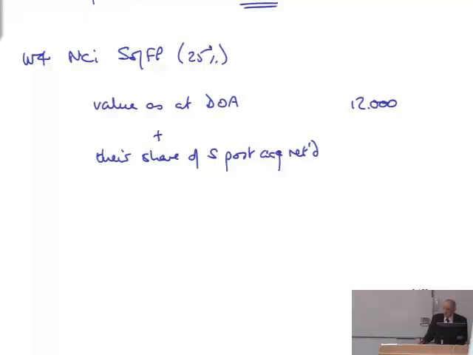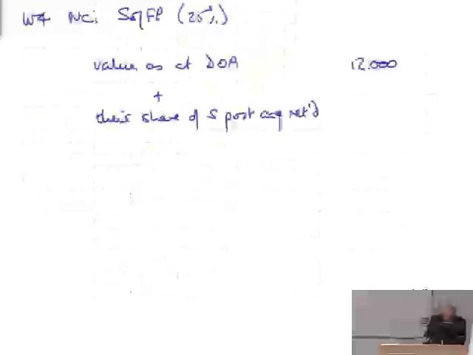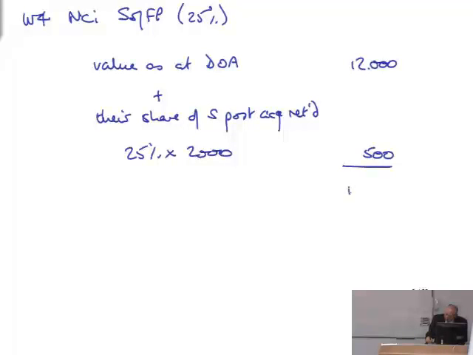They want their share of the subsidiary post-acquisition retained. And we can find that in working 3. There's the S, and there's post-ac, so it's their share of 2,000. 25% of 2,000. So they're entitled to 12,500.